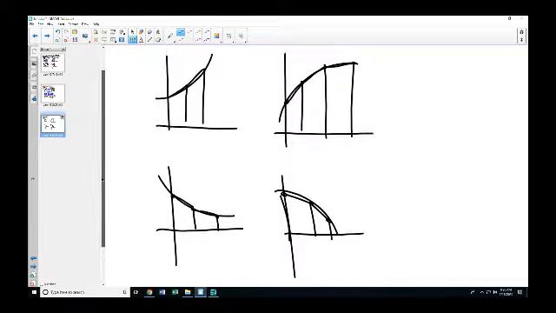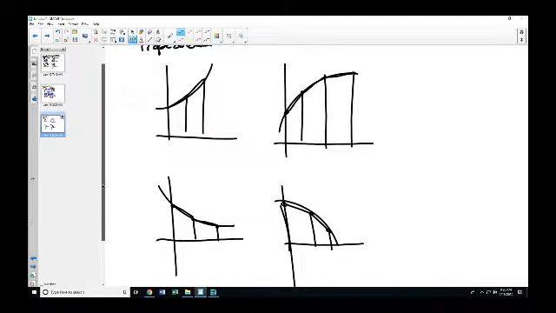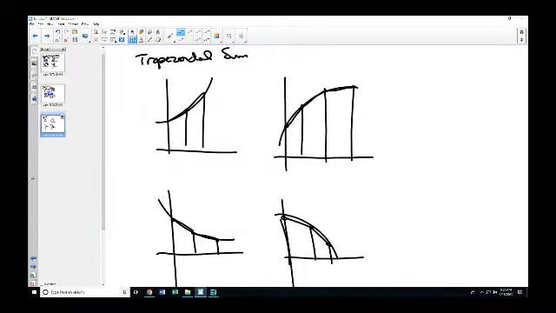Okay, there's the four situations for trapezoidal sum. You make that connection, so it has to do with the concept. So this is an overestimate, right? We are concave up and increasing. That's an under.